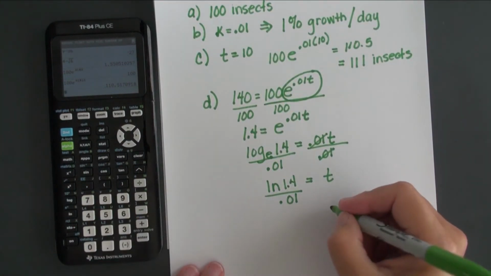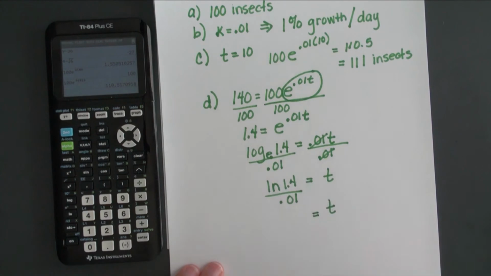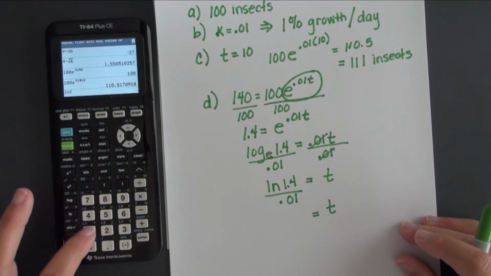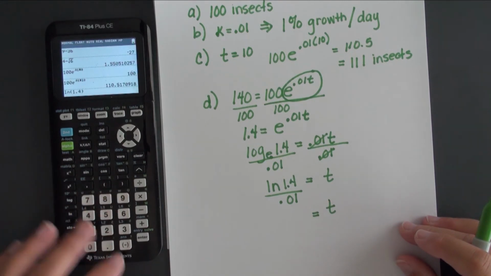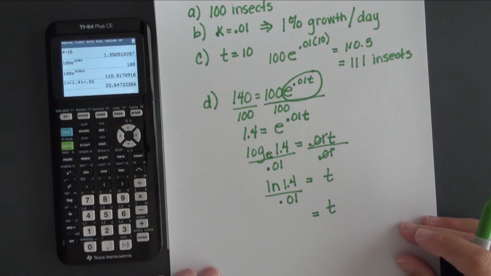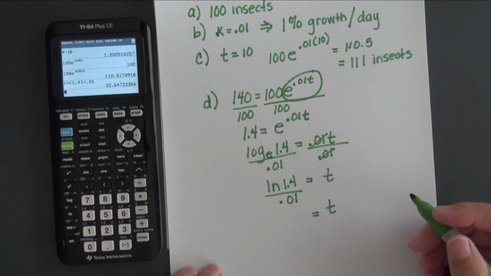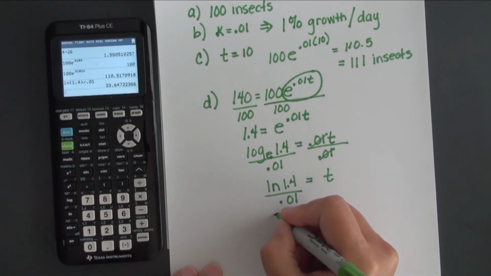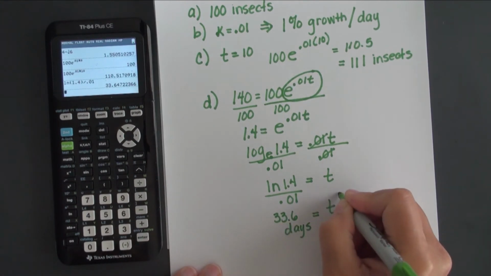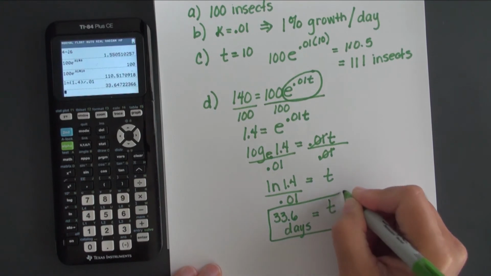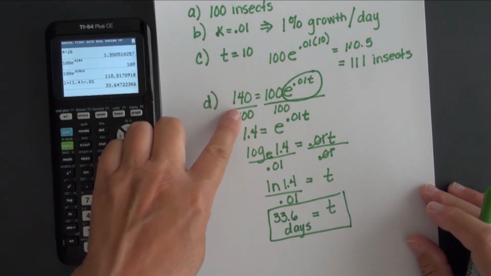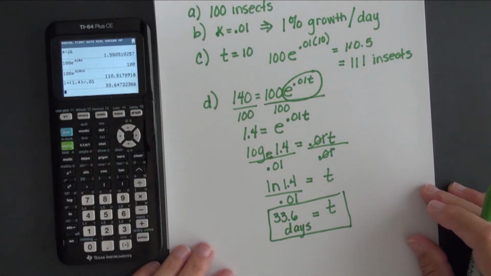So now it's just calculator work, and I will do natural log of 1.4 divided by 0.01, and I get, if I round to the nearest tenth, 33.6 days. So in 33.6 days, we will have gone from 100 insects to 140 insects.